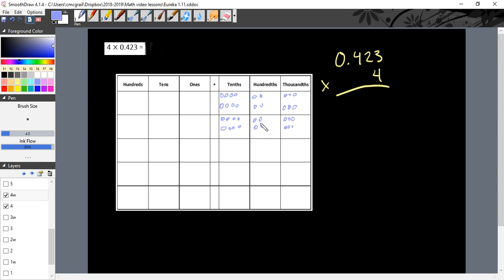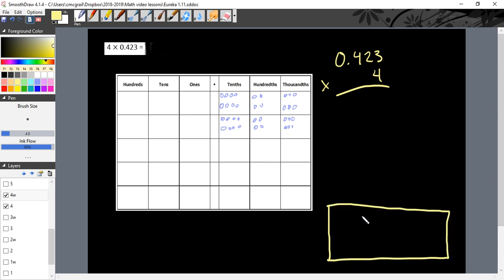But I can already see that I have a problem because I have more than 10 in 2 of the place values. I'm going to have more than 10 here, and I'm going to have more than 10 here. So let's take a look at how this works with the standard algorithm and with the area model. So go ahead and draw an area model down here.